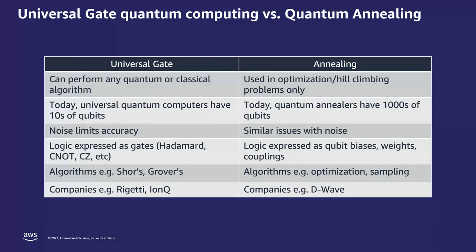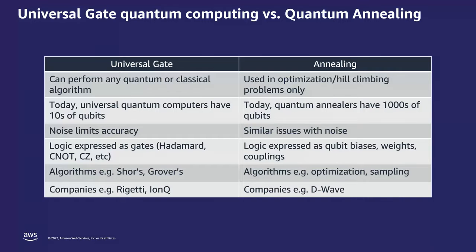We also talk about noise and how qubits are subject to noise today. There might be a time in the future where we have what's known as error-corrected qubits, but right now qubits are noisy. They change phase, they change sign, that kind of thing. So similar issues with noise for annealers.